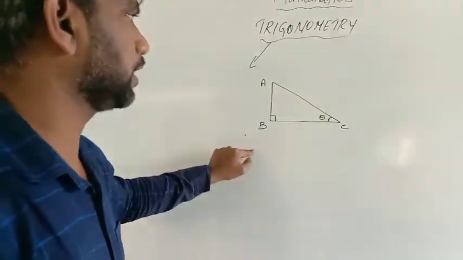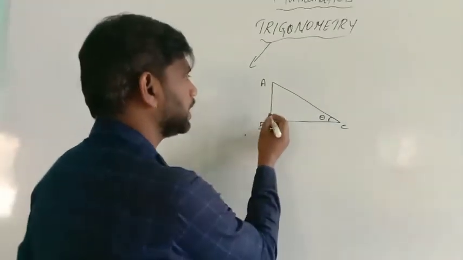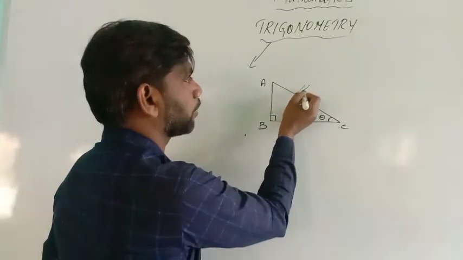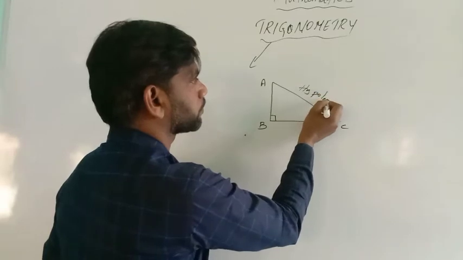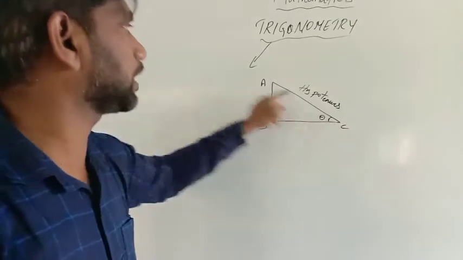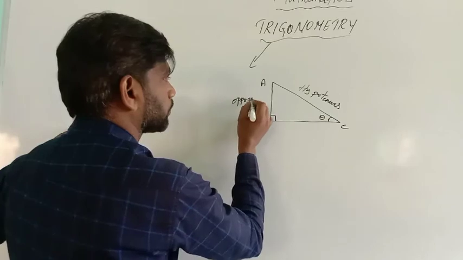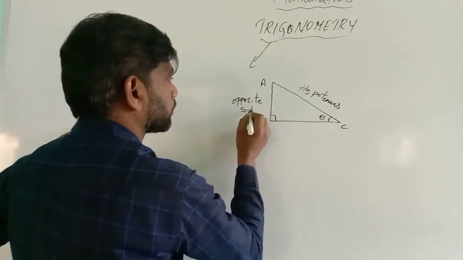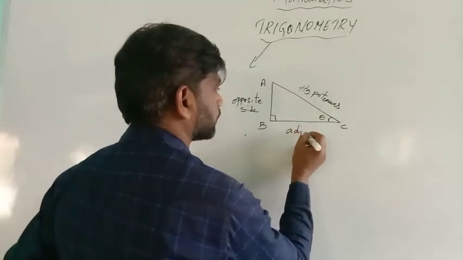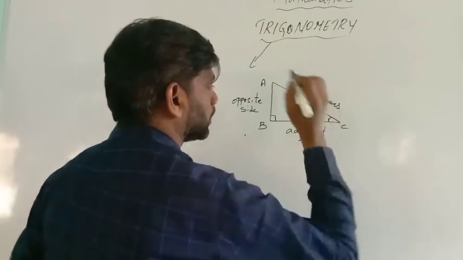If you observe clearly, AB is perpendicular to BC and angle B is equal to 90 degrees. That means the side opposite angle B is the hypotenuse, the line segment opposite the acute angle is the opposite side, and the third one is the adjacent side.